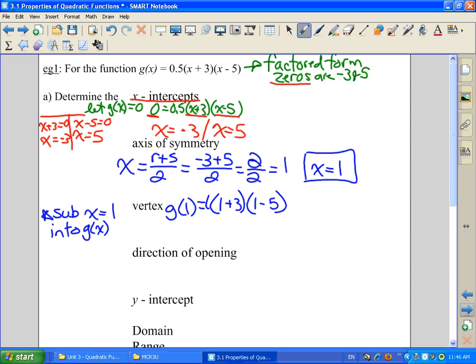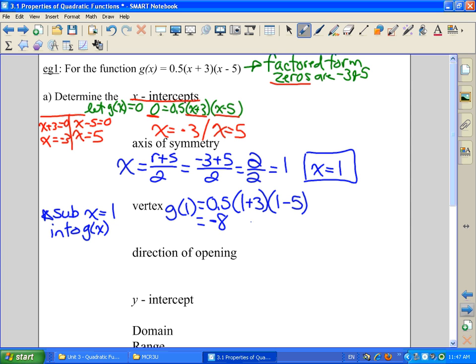And I apologize, let me throw the 0.5 in there. I got so excited about the substitution, I forgot to throw in the a value. So let's try that again: 0.5 times 1 plus 3 times 1 minus 5. Use your calculator or your brain, and you're going to find out that it equals -8.